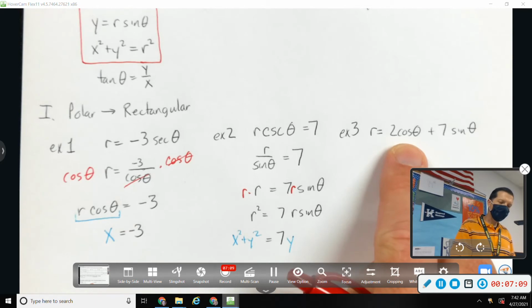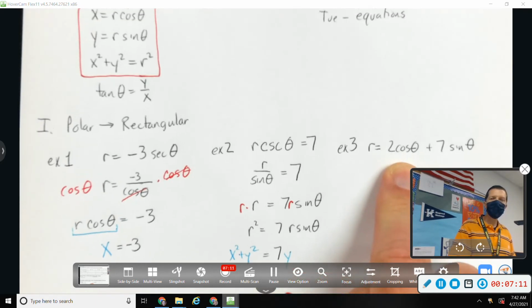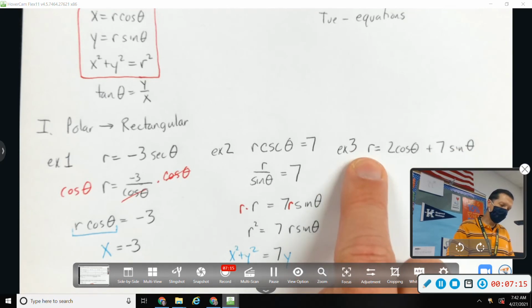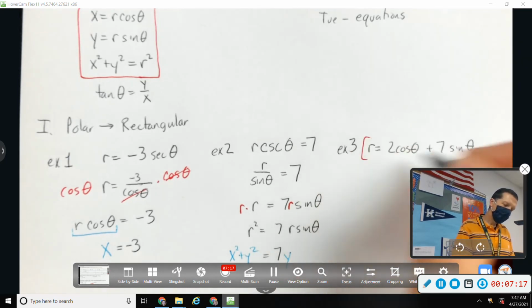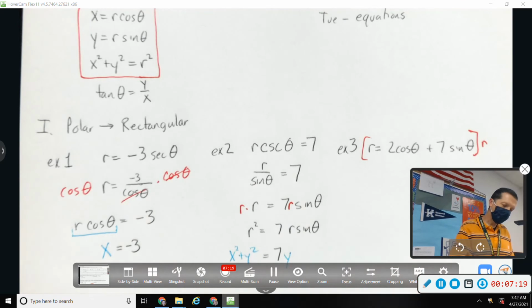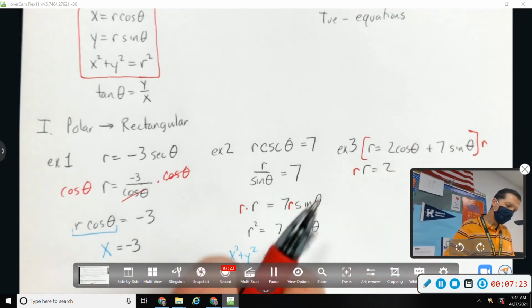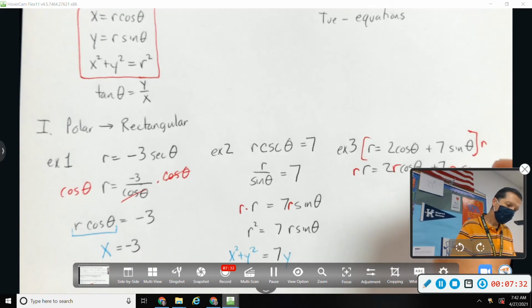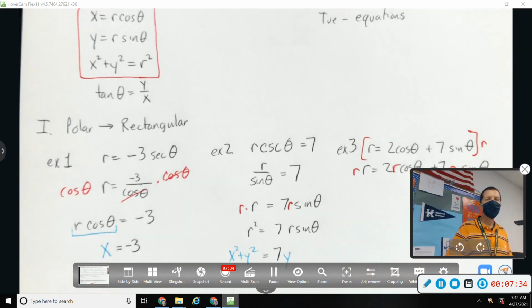It'd be nice if that had an r, because then you'd have r cosine. It'd be nice if that had an r, and it'd be okay if that had an r. So let's just multiply everybody by r. So r times r equals 2r cosine theta plus 7r sine theta.